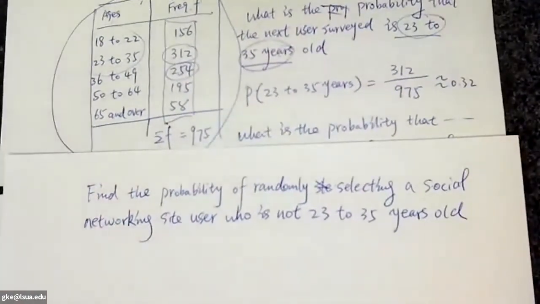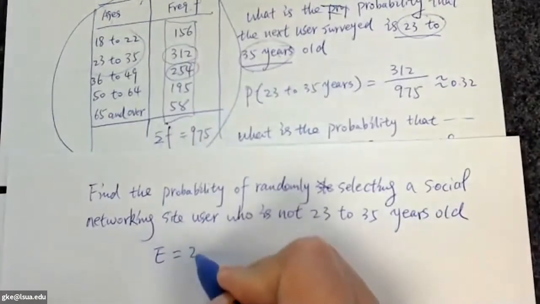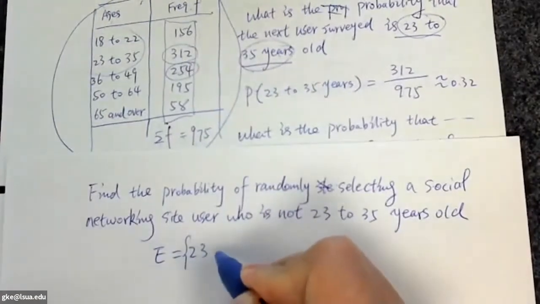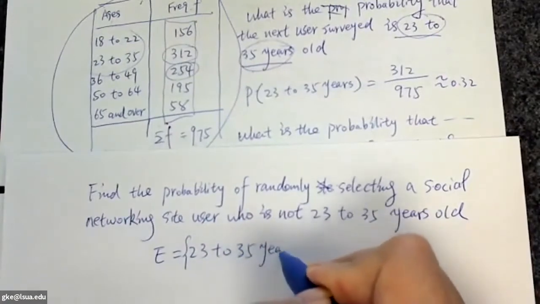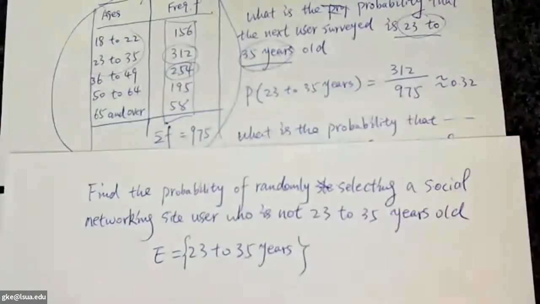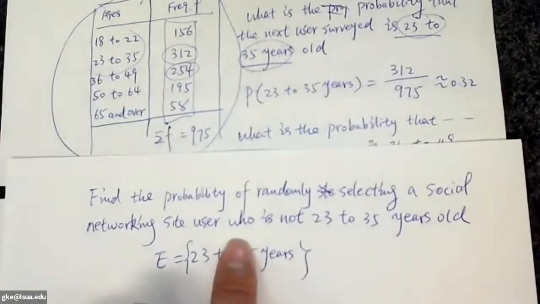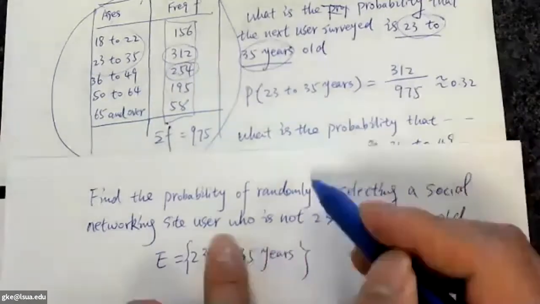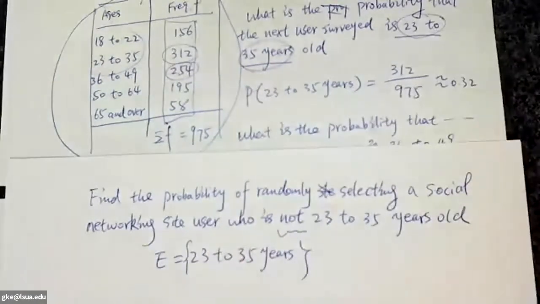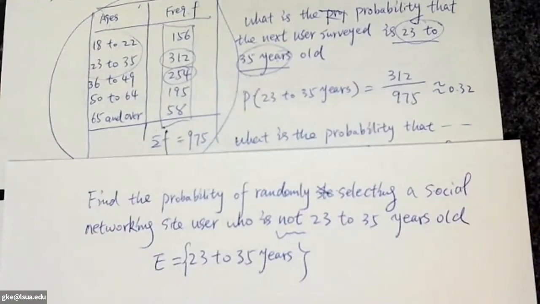Okay, if we assume E is the event 23 to 35 years old, right? Now, I want you to calculate the probability that a user is not 23 to 35 years old. Still, we're going to use the table. Try it by yourself first.